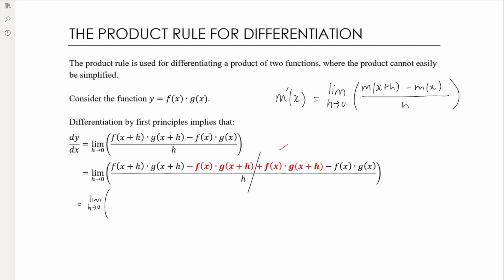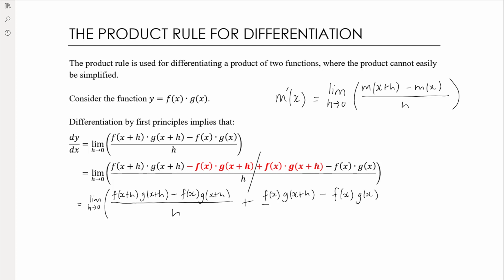I'm going to divide this fraction into two, down the middle. I'm going to have f of x plus h times g of x plus h, take away f of x times g of x plus h, all over h. That's the first half of the fraction, and then I've got plus f of x times g of x plus h minus f of x times g of x, and then all of that over h.